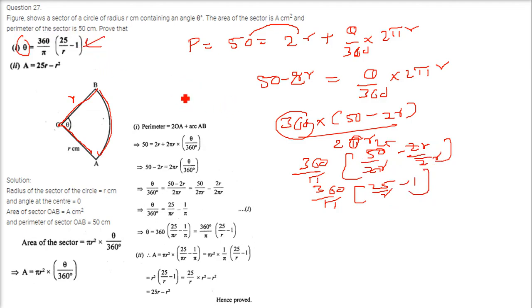Now coming to the area. Area of the sector we already know. This is equal to theta by 360 into pi R square.